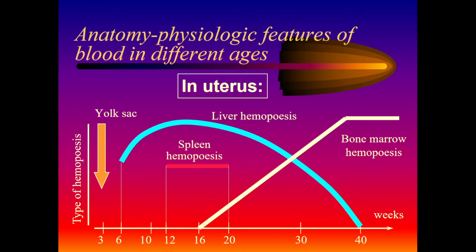The liver makes hematopoiesis. Spleen hematopoiesis is between 12 to 20 weeks of gestation, and just from 16 weeks in uterus, bone marrow hematopoiesis starts.